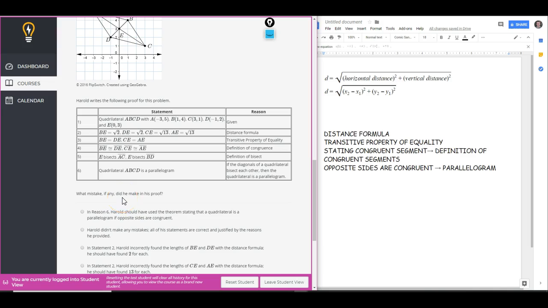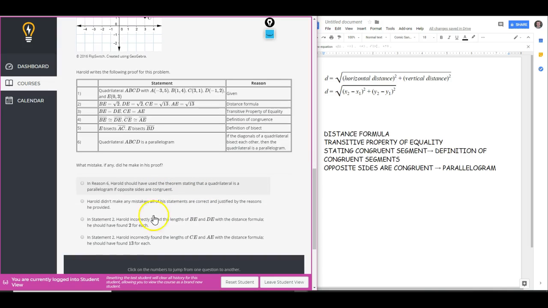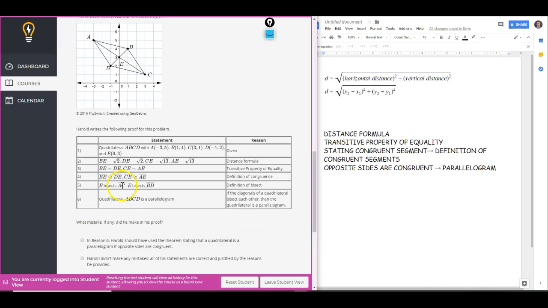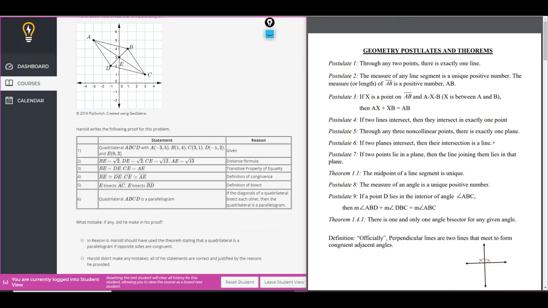It says in reason 6, Harold should have used the theorem stating that a quadrilateral is a parallelogram if opposite sides are congruent. That is the only one that has been showing up. So if we go back up here, another way we could check is to Google it.